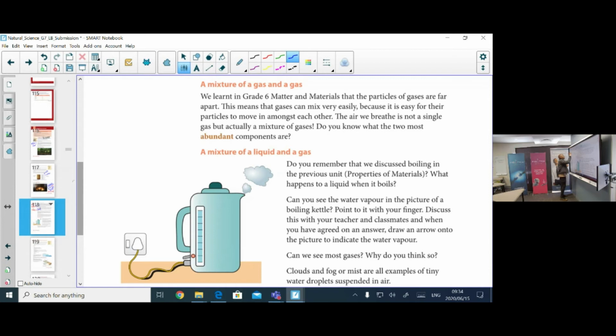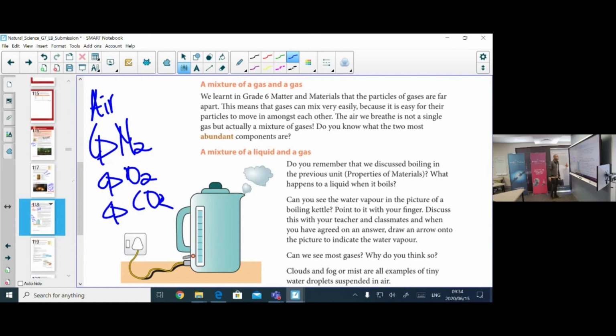The air that we breathe is made up of what? Components of different substances. It's made up of nitrogen, it's made up of oxygen, it's made up of carbon dioxide, and many other gases.